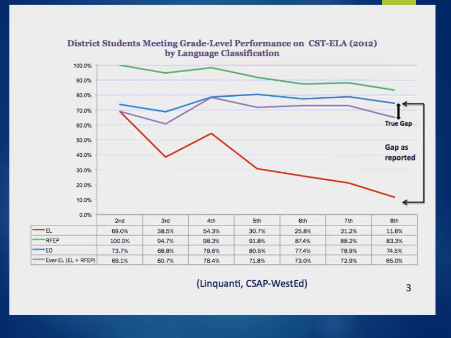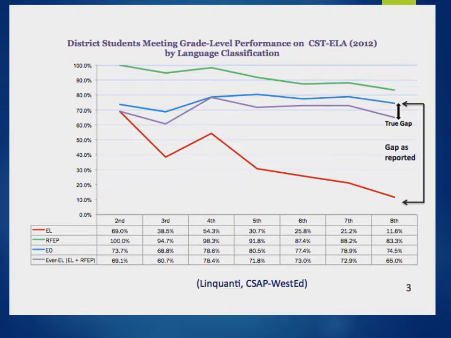Here is the most interesting graph from this California school district. This is actual performance data for various subgroups. So, for example, the red line here is the current English language learner subgroup.